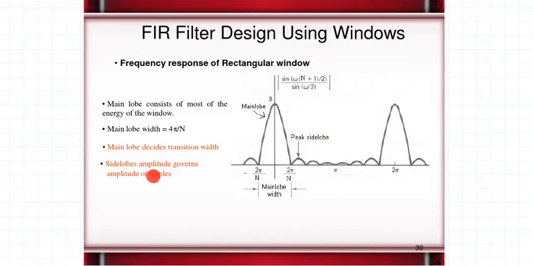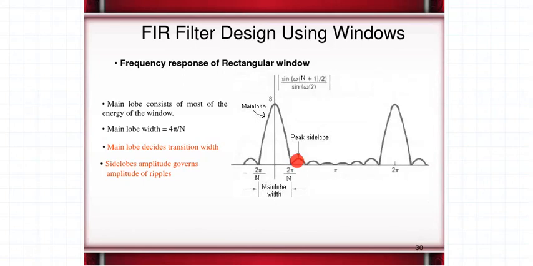The side lobes govern the magnitude of the ripples. So these side lobes affect the ripples in the final frequency response. I repeat, the main lobe decides the transition width in the final frequency response, whereas the side lobes govern the amplitudes of the ripples.